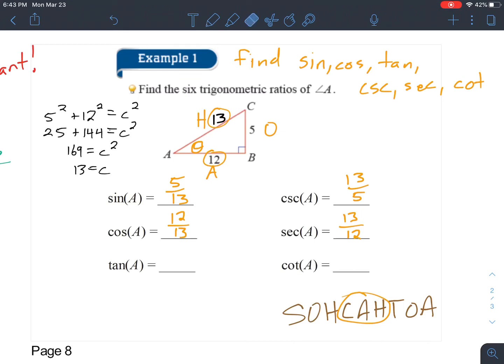And then the last one, we have to find tangent. Tangent is going to be the opposite over the adjacent. So in this picture, 5 over 12. And then cotangent is the reciprocal. That is going to be 12 over 5.